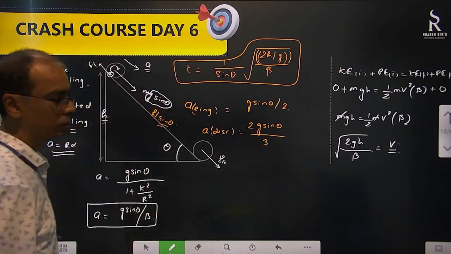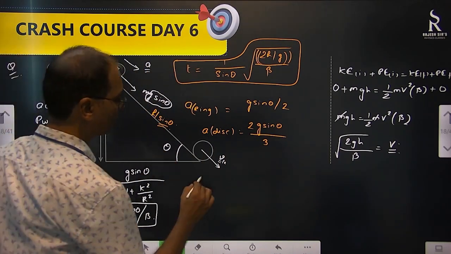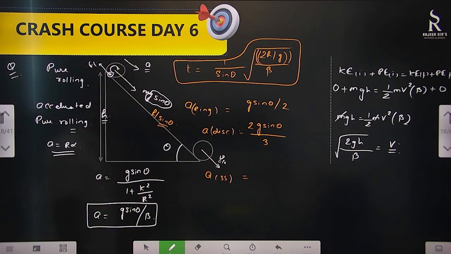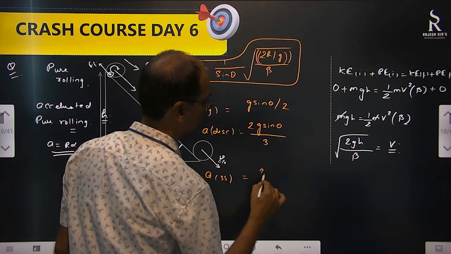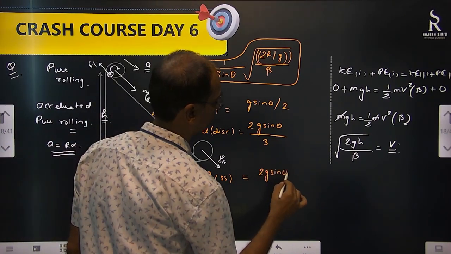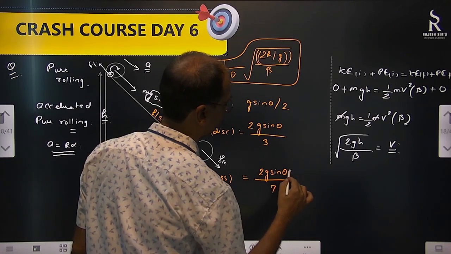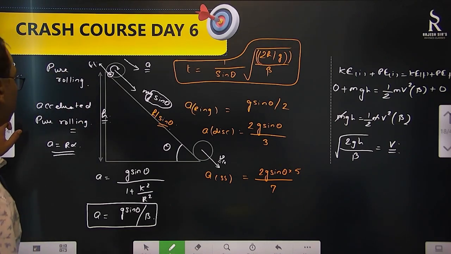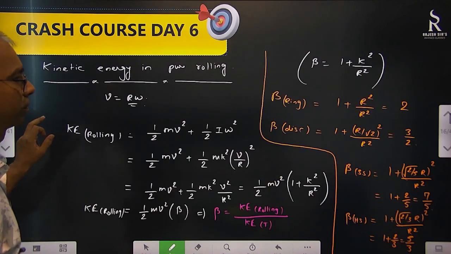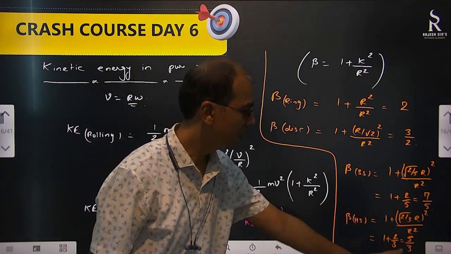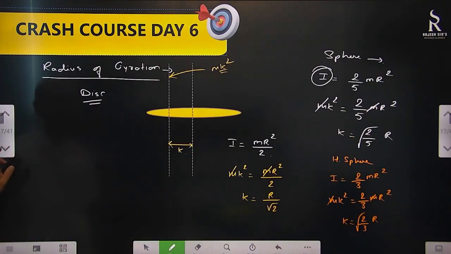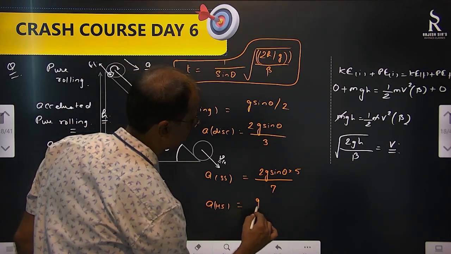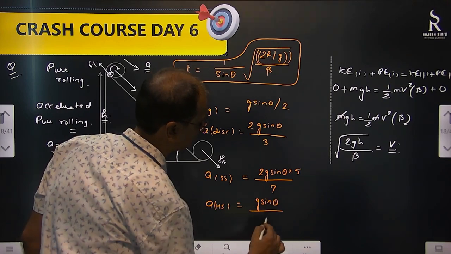For a solid sphere, it came out to be 7 by 5, so 5g sin theta by 7. Let me check. Yes, 7 by 5, and for the hollow sphere 5 by 3. So acceleration of hollow sphere is g sin theta by 5 by 3.